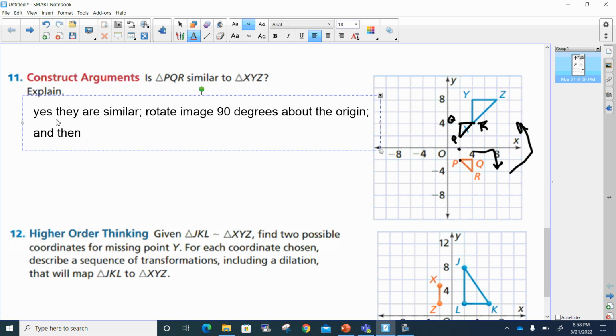And then dilate the image with a scale factor of 2 using the origin as center.